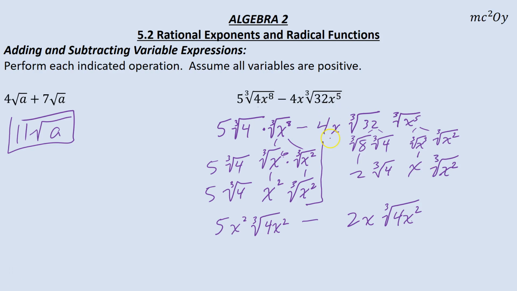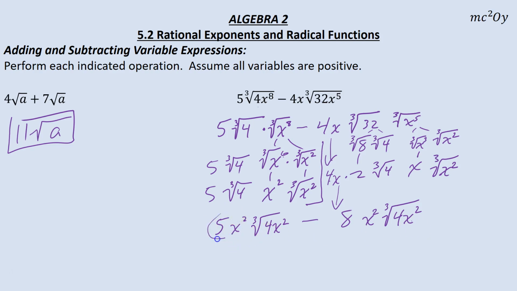Oh, you know what? I forgot to bring this 4x down, so we better drop that down there. So we have that 4x we have to deal with as well. So I forgot that all the way down there. So 4 times 2, this should actually have been 8x squared. So we have 4 times 2 times x times 8x squared. And x cubed, yep.